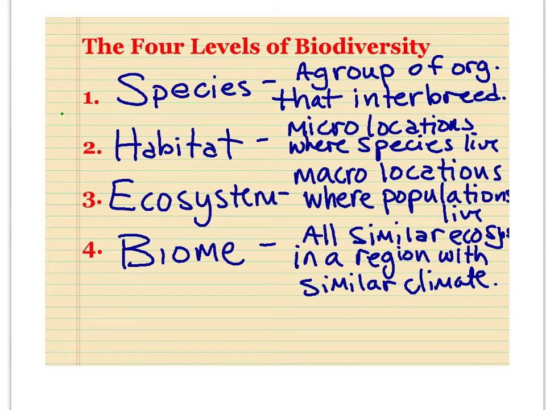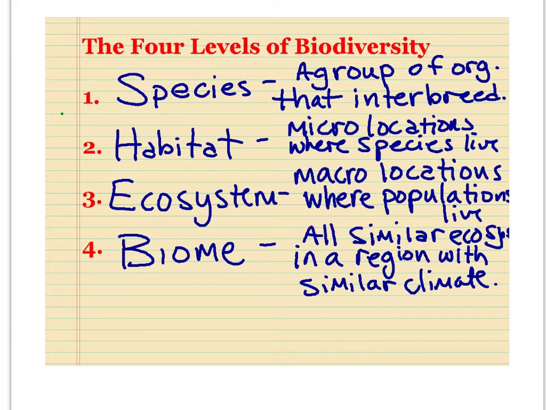The third thing is an ecosystem. This is a macro location. This is a lot larger. Think about habitats as being maybe a backyard, or a lake or a stream. An ecosystem is a macro location, something like Yellowstone Park, or something larger than that. Actually, Yellowstone Park is a small ecosystem.